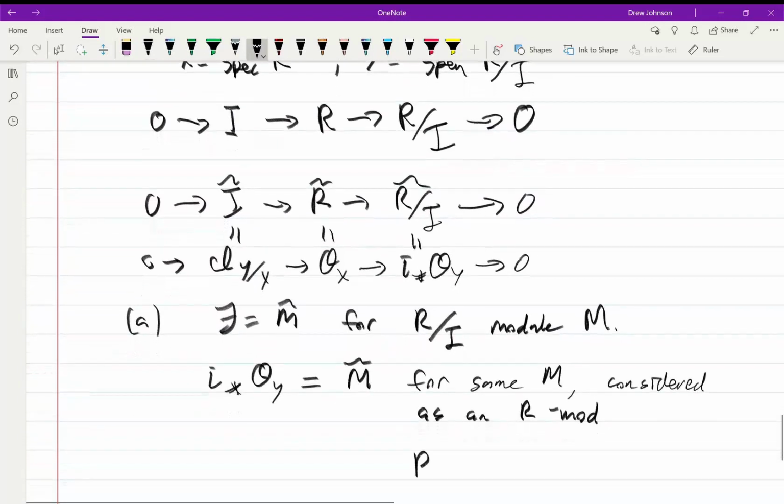Because you have R mapping to R mod I, so through this map you can get an R action on M. Okay, so that's basically how that works.